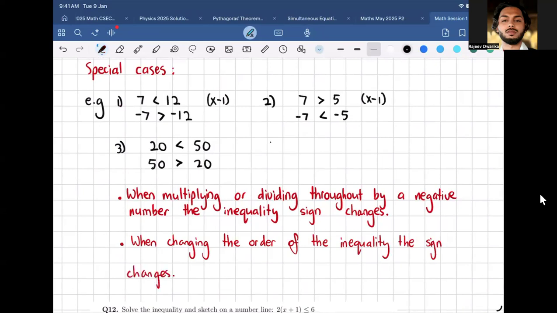Quickly, Shana, if I had 9 is more than 3, that makes sense. But if I switch the order and write 3 first, then 9, could I still write 3 more than 9? No, I can't. So we'll keep that in mind. Copy that down quickly, and we'll move on to some questions.